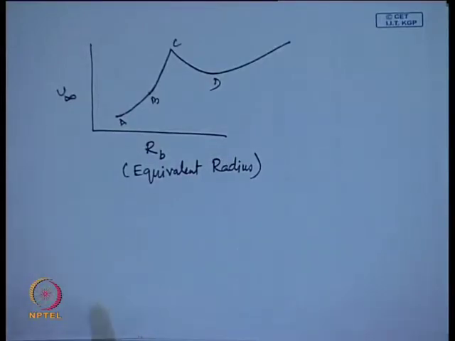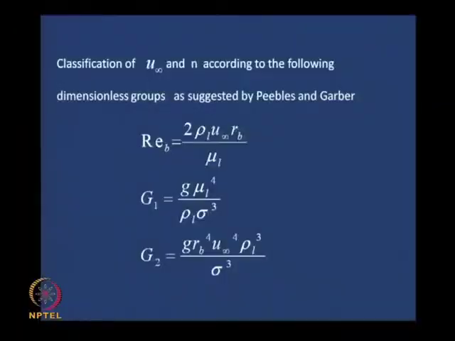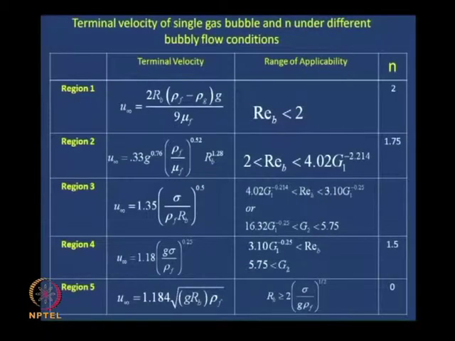Several different correlations have been proposed for this condition, and the correlations proposed by Peebles and Garber, given in tabular form in Wallis, suggest the value of u infinity and n for different flow regimes. What they have done is divide the entire bubbly flow condition into 5 flow regimes.